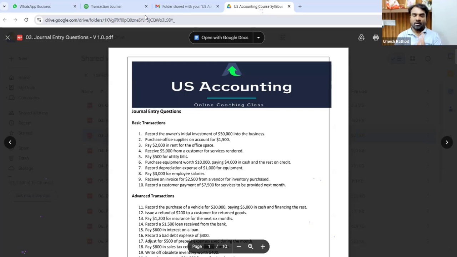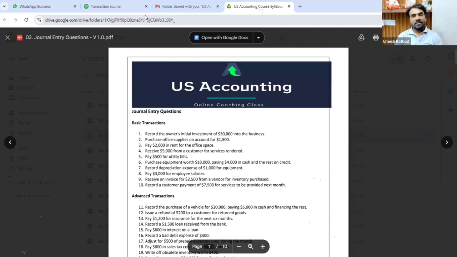When you are not making payment but actually want to show them in your books, you have to debit expense and credit liability account. Salary payable is your liability account. As per this transaction, we have paid $3,000 salary to the employee. The first transaction is salary expense debit, which is part of profit and loss account, and salary payable credit, which is part of current liabilities.